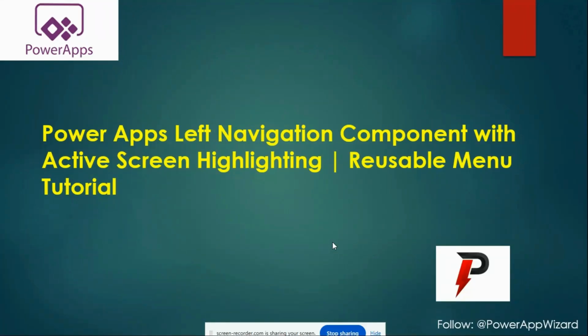We will be navigating to different screens in this component, and the requirement will be that whenever you navigate from one screen to another, any number of screens, that screen name should get highlighted, correct? So today let's discuss how we can dynamically set this up with the help of components in Power Apps and how we can better highlight the screen names.